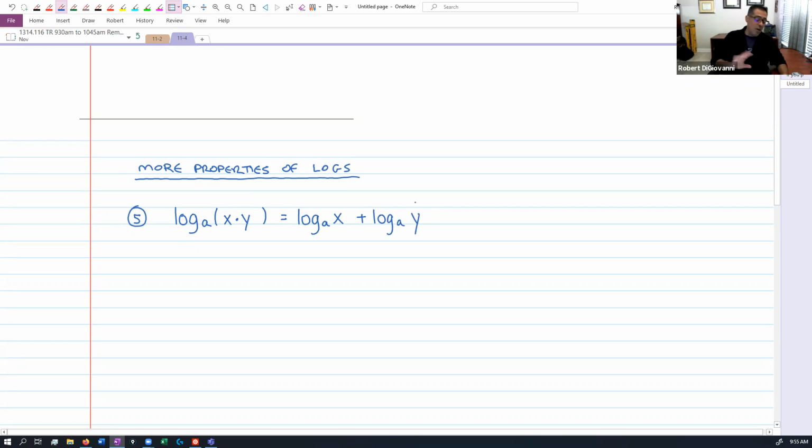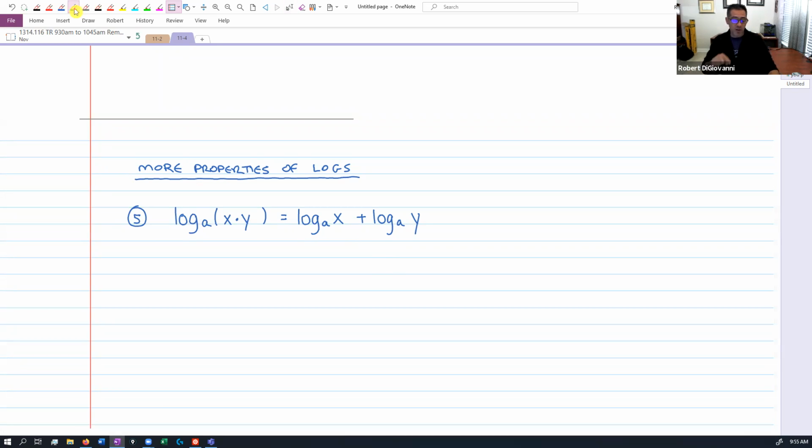Now, here's what I don't want you to think: that we're distributing or anything. That's not what's happening. This is just a property of logs. Anytime you have multiplication inside of a log, you can split it into 2.